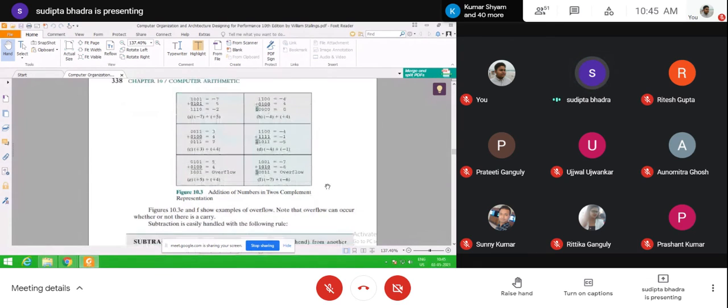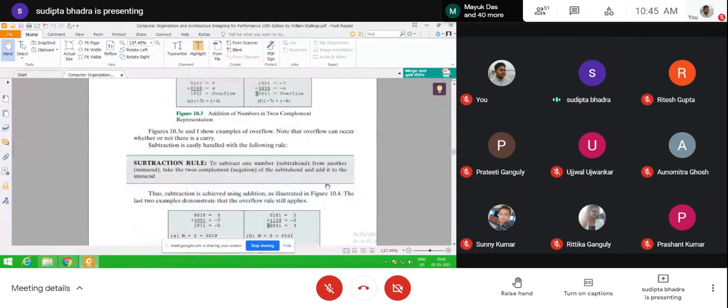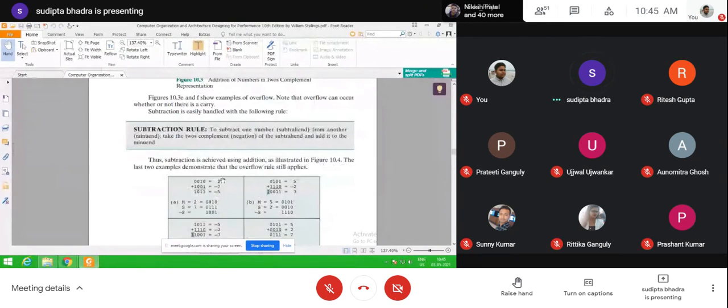In case of subtraction, to subtract one number from another, take the 2's complement of the subtrahend and add it to the minuend. Here the minuend is 2, the subtrahend is 7. If we want to subtract 7 from 2, that means 2 minus 7.